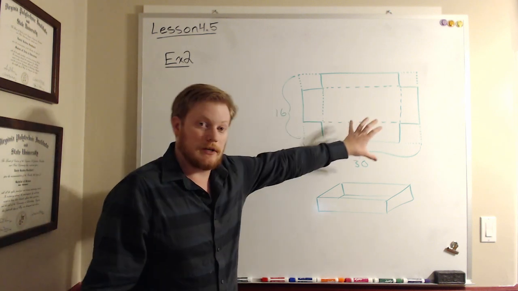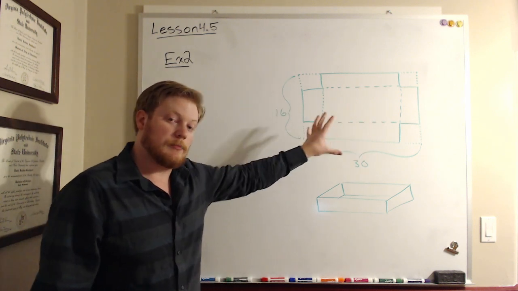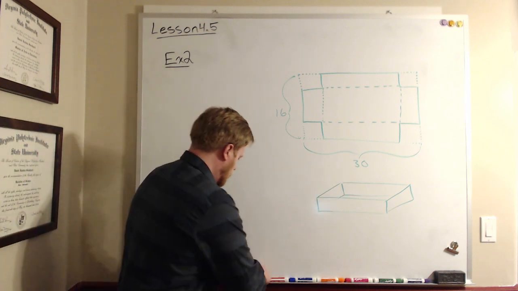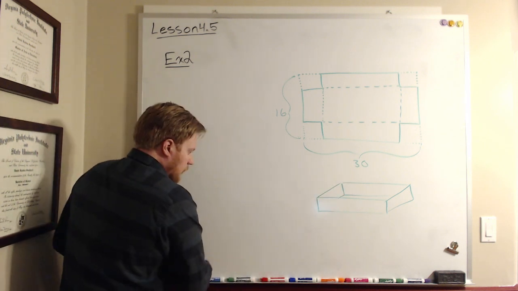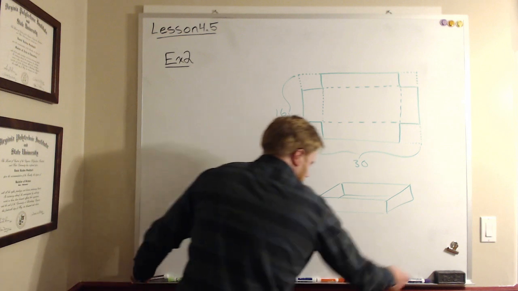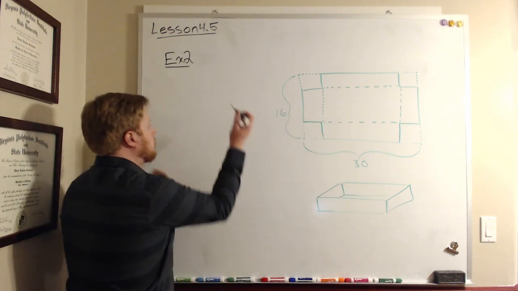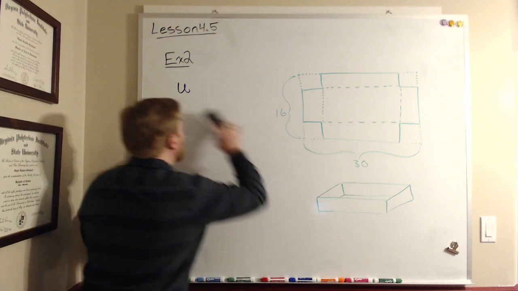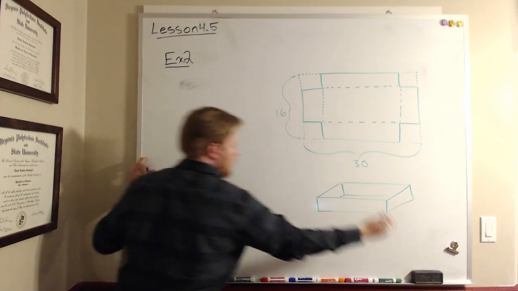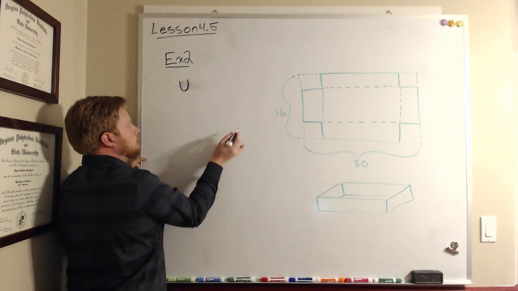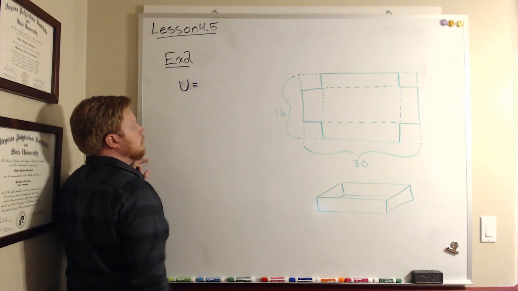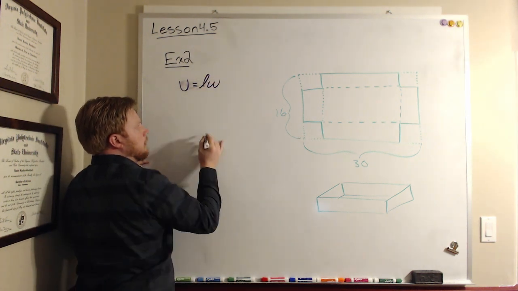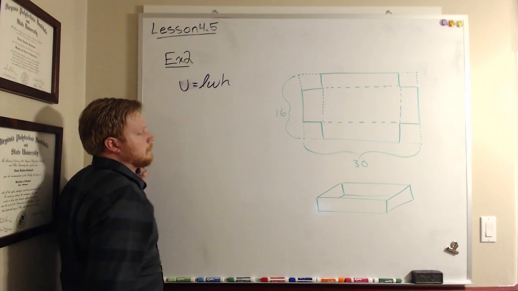My cardboard has some given dimensions, and what I want to optimize is the volume of the box. So the thing being optimized is volume. Okay, well, volume is length times width times height.